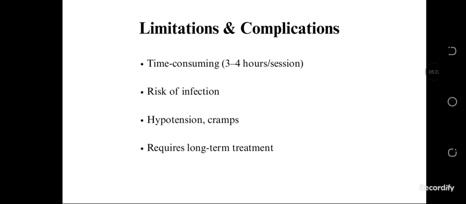If you go to the CRRT machine, as an option for hemodynamically unstable patients, it takes 24 hours up to 72 hours also. So the time consumption in this procedure is a major limitation. There is also risk of infection, hypotension and cramps, hypertension, and it requires long-term treatment.